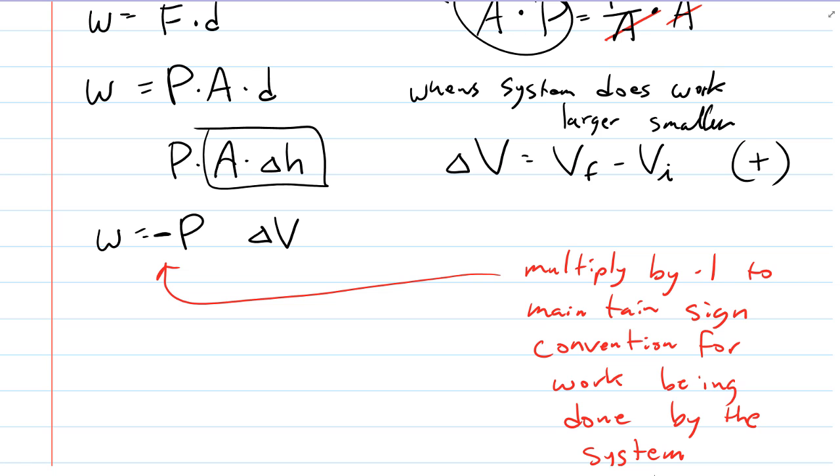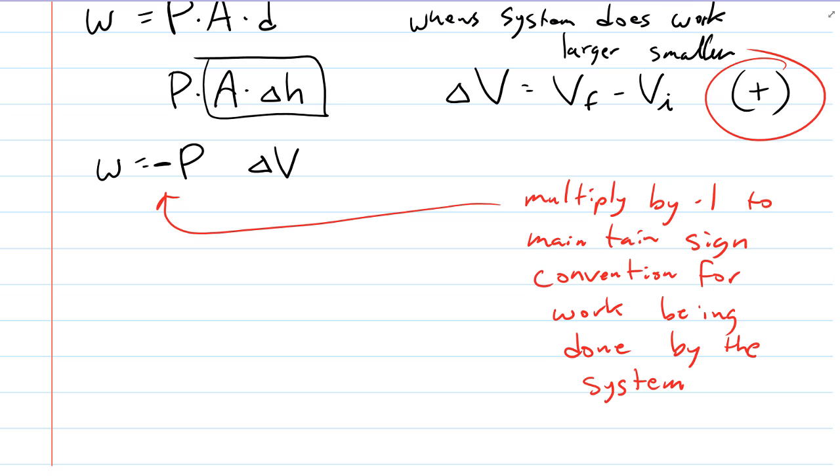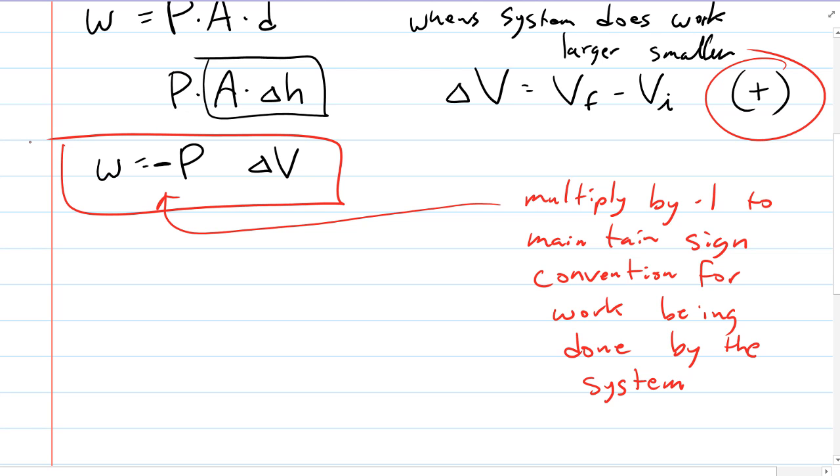The reason the signs don't match up is that when work is done by the system, the sign on W must be negative, whereas the change in volume is a positive value, and the two signs must be opposite. So this is one of the relationships I'm boxing in red that we'll be using: work is equal to -P times delta V.